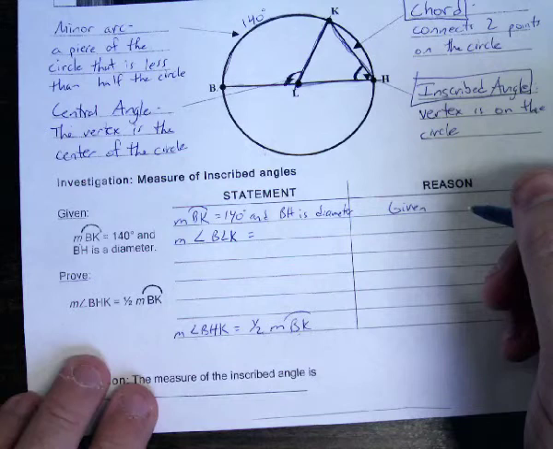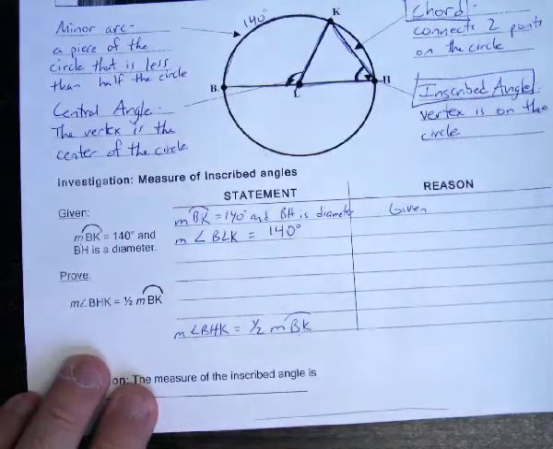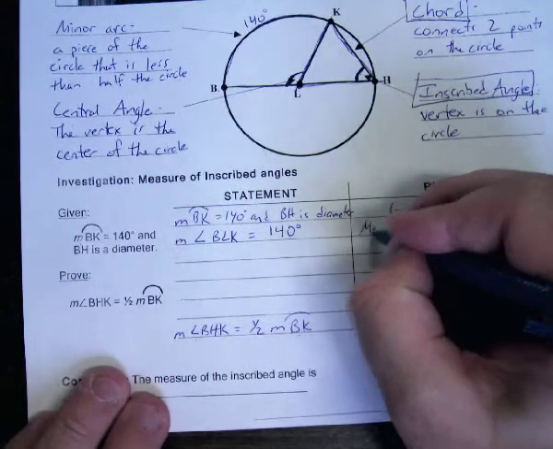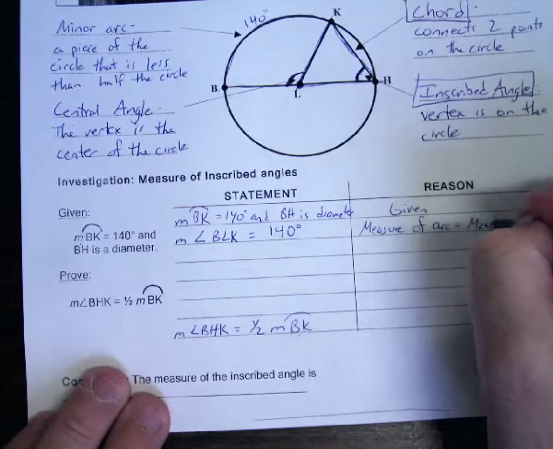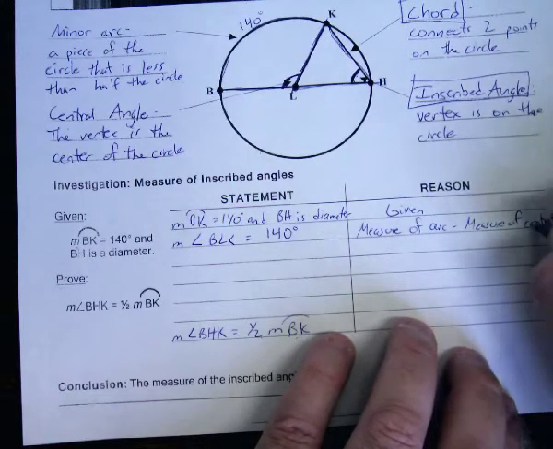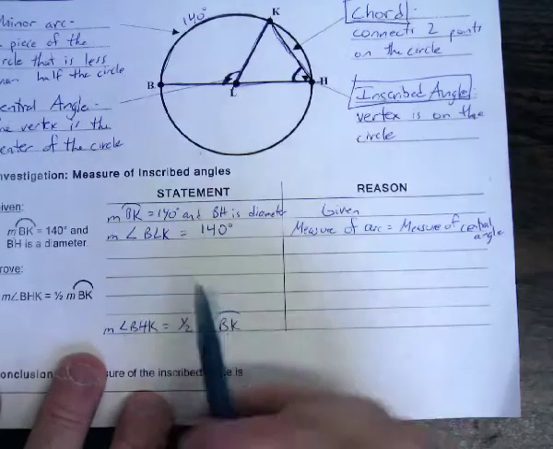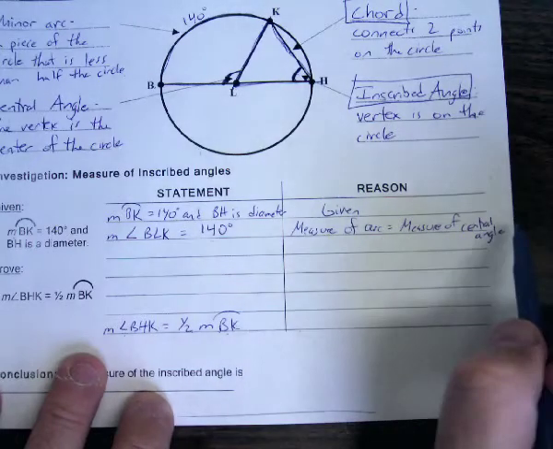Anybody know? It is going to be 140 degrees. Why? Because measure of arc equals measure of central angle. So what I put there, this equals 140 because the measure of an arc equals the measure of a central angle.